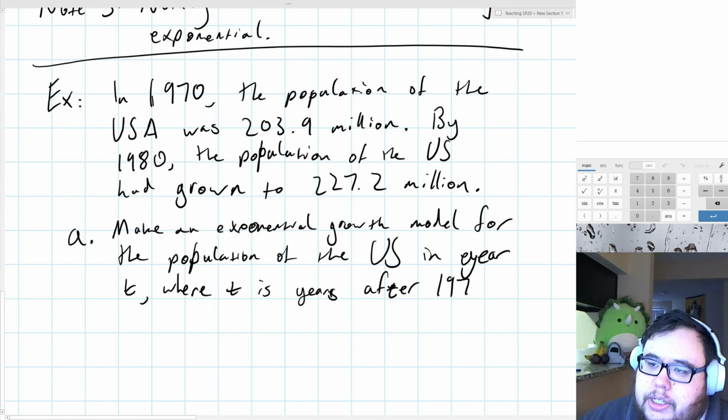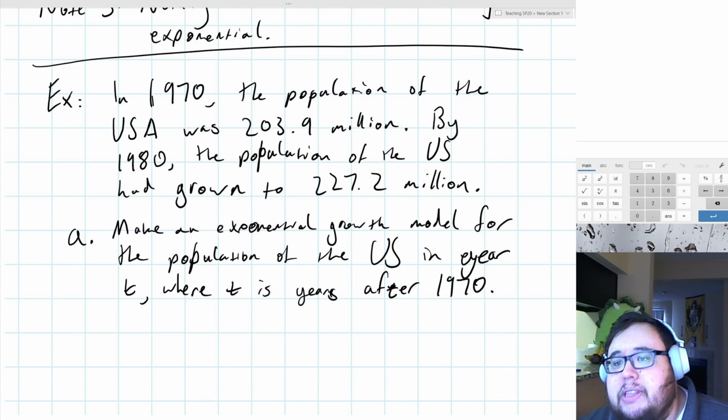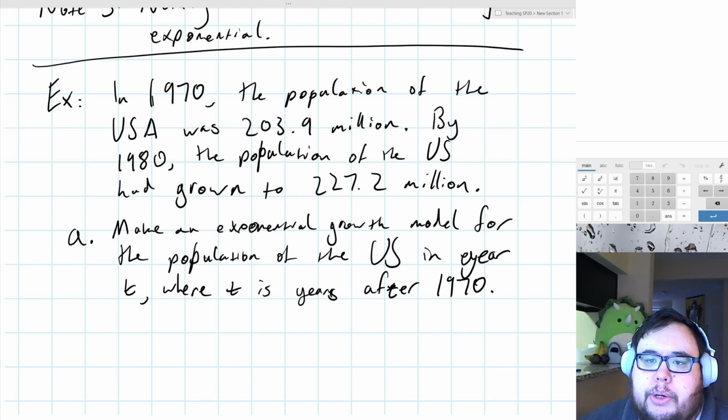This type of phrasing, where we're making a model in terms of T, where T is years since blank, shows up pretty frequently. We don't want to actually put the year in as our T value, otherwise we're going to end up with a really funky looking exponential growth curve. And that doesn't make sense either, because in the year 150, the United States of America was not a country.